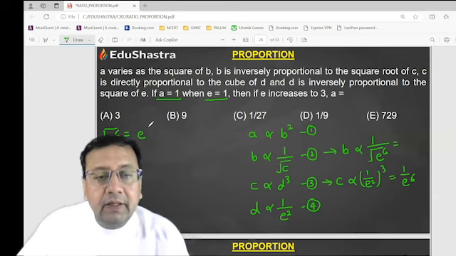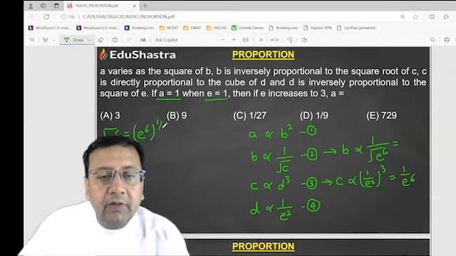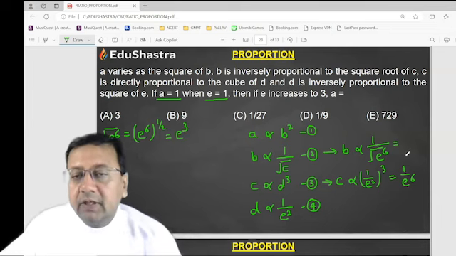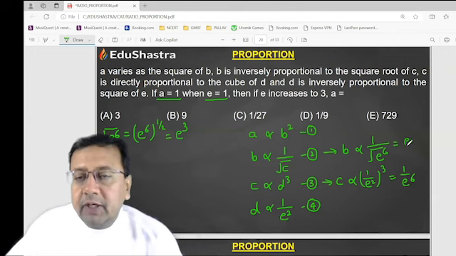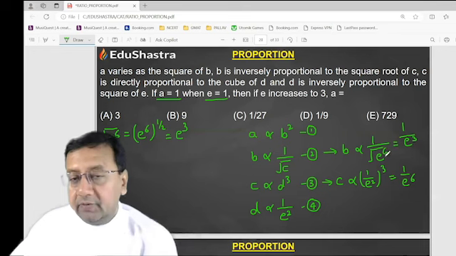So this is e raised to power 6 whole raised to power 1 by 2. And when I simplify this, this is coming out to be e raised to power 3, that is 1 upon e raised to power 3. Okay. So this is the value of B.